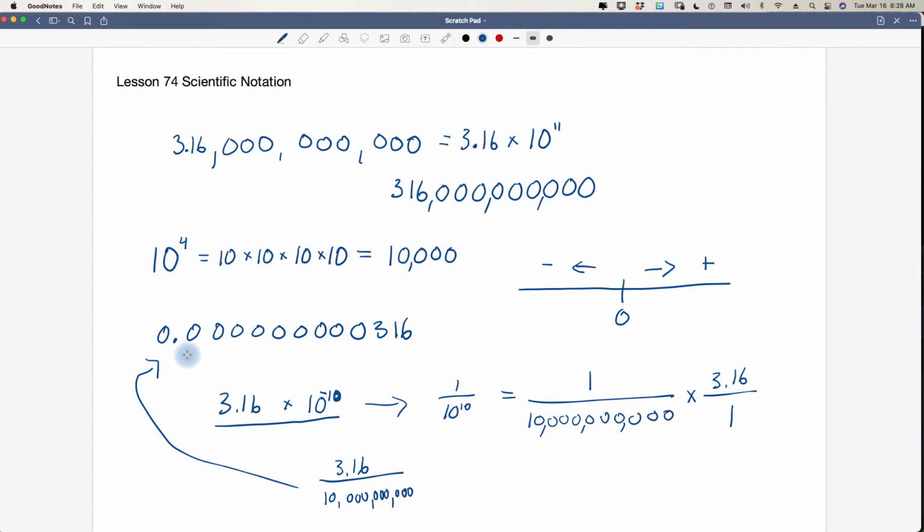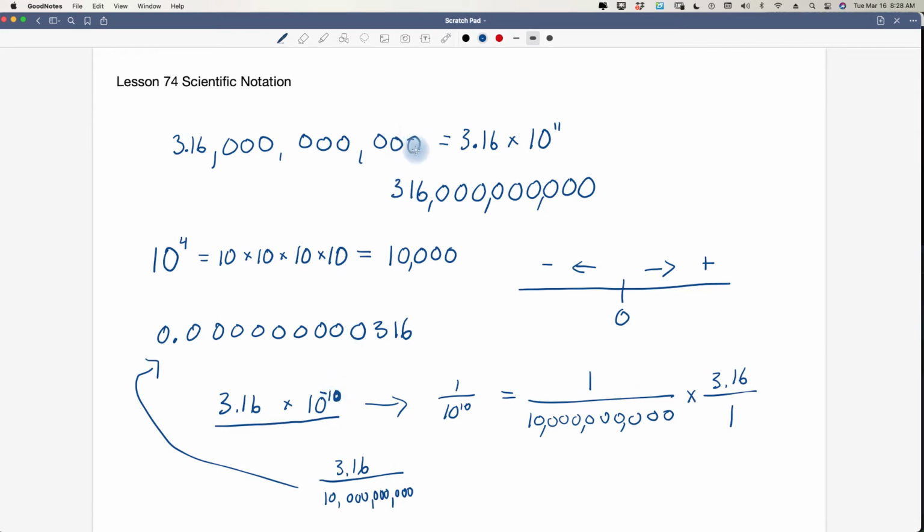I'm sorry, I guess that forwards and backwards doesn't really make much sense to you. All right, when you move the decimal to the right, you're going to use a negative exponent.